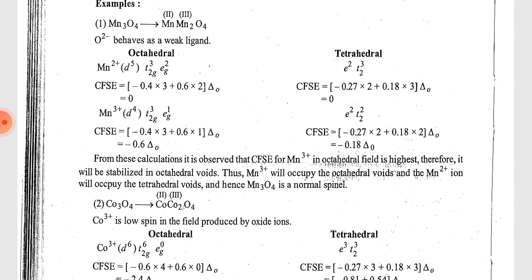Mn3+ is d4, t2g3 eg1. So CFSE in octahedral will be minus 0.4 multiplied by 3 plus 0.6 multiplied by 1 Δ0, which is equal to minus 0.6 Δ0. In tetrahedral, CFSE is minus 0.27 multiplied by 2 plus 0.18 multiplied by 2 Δ0, which is minus 0.18 Δ0.